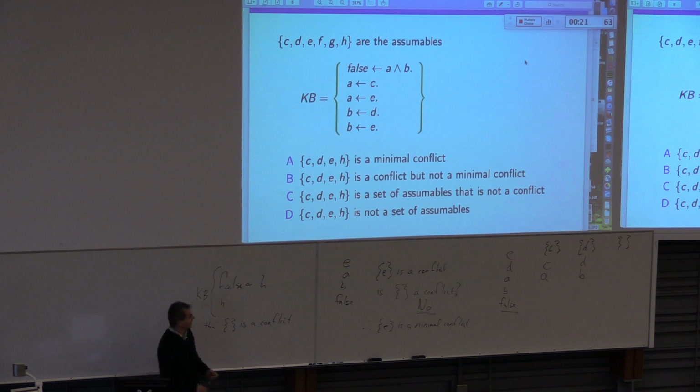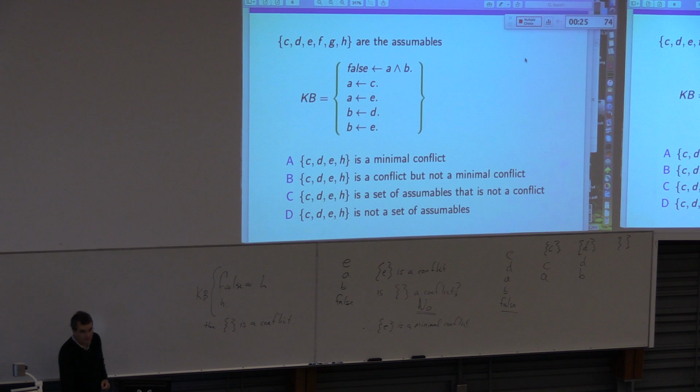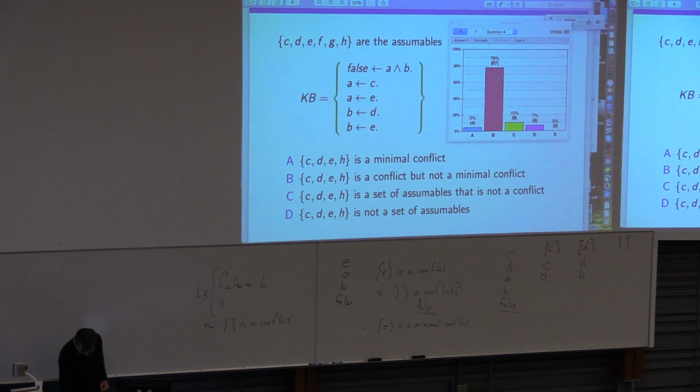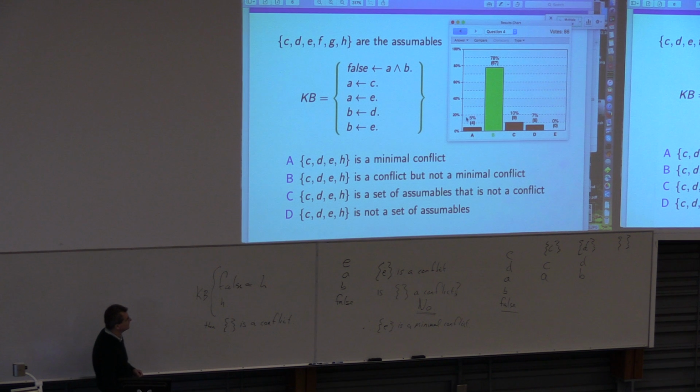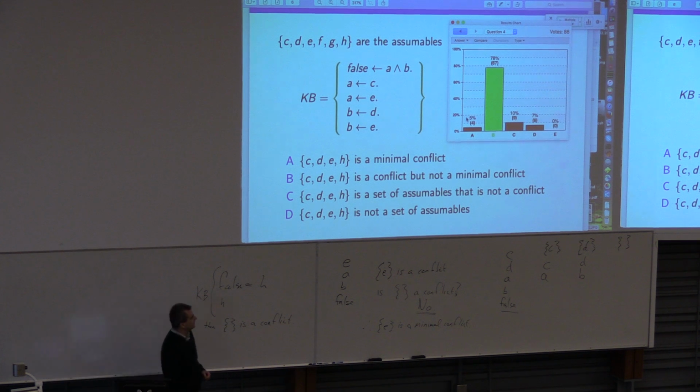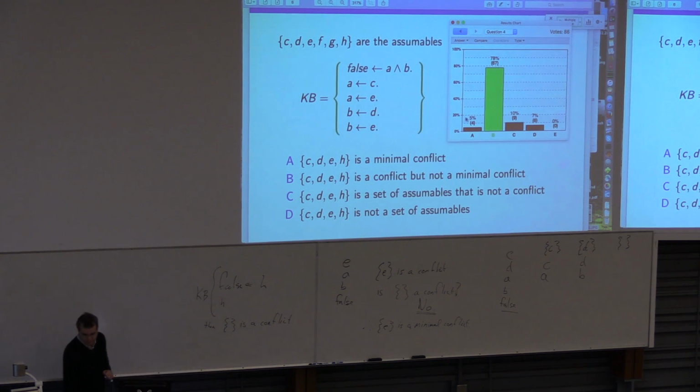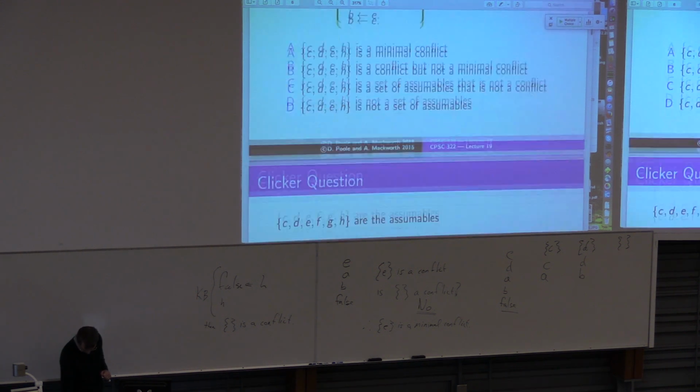Well, I'll look at C, D, E, and H. All right, anyone need more time? Stop. And hopefully everyone got this right. The answer is B. It's a conflict because it's got E in it, and it's a strict superset, so that was meant to be an easy question for people.